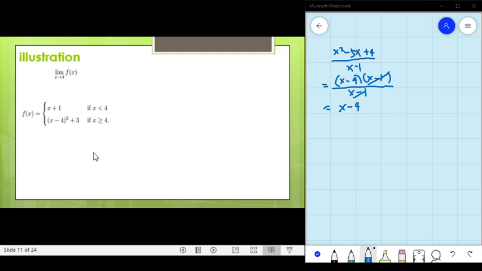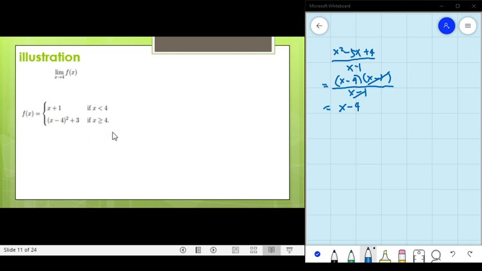In this case, when x is approaching 4 from the left, that means x is less than 4, right? We should substitute into the part of the function that accepts values less than 4.